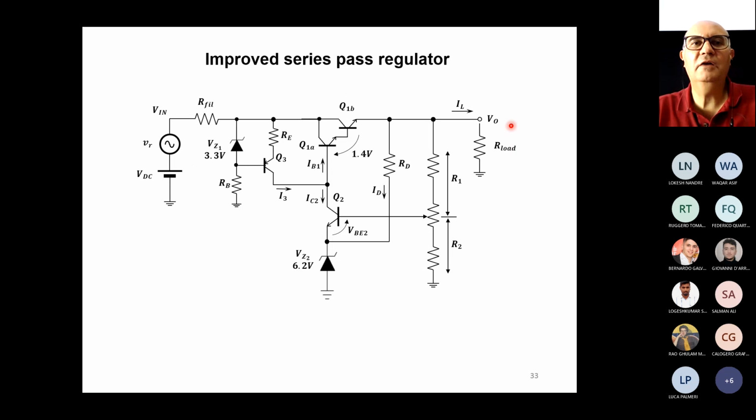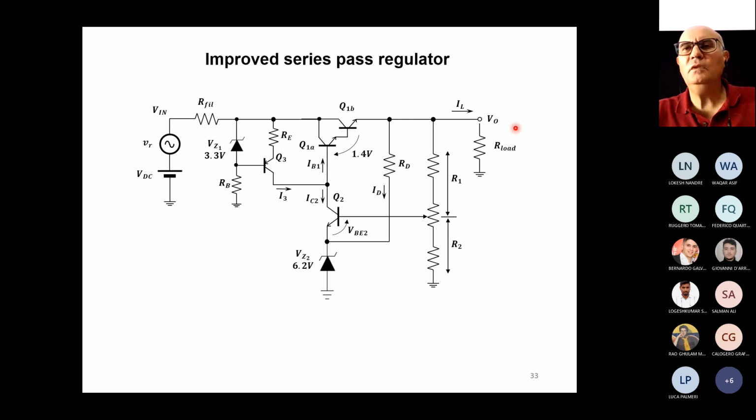Just an example, if we have a VDC of 20 volt and I want a 10 volt output for a certain current IL, you can imagine that the equivalent value of this transistor, in terms of resistance, must be the same as the load. So that we have a 1 to 2 voltage divider. We enter with 20 volt, we have the same resistance here, and the output will be 10 volts.